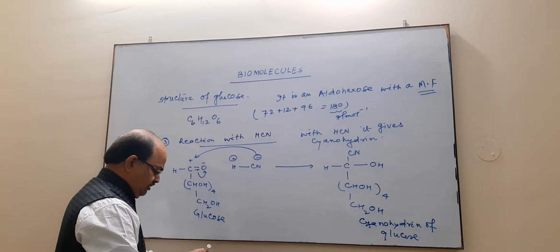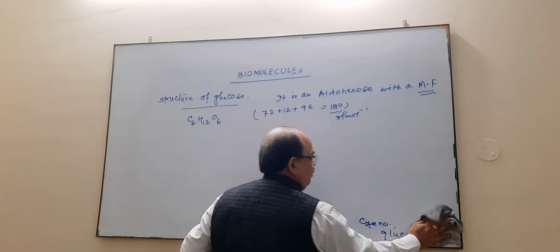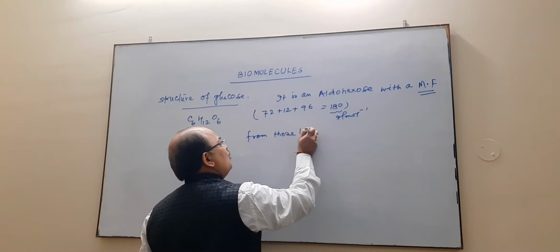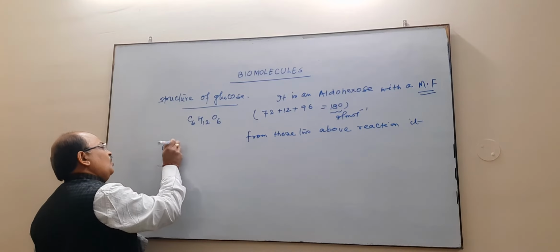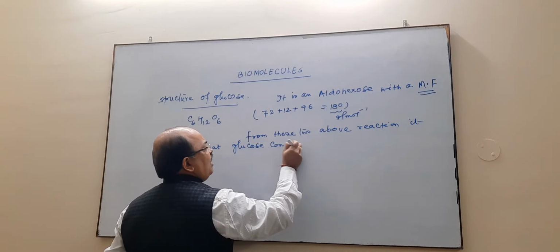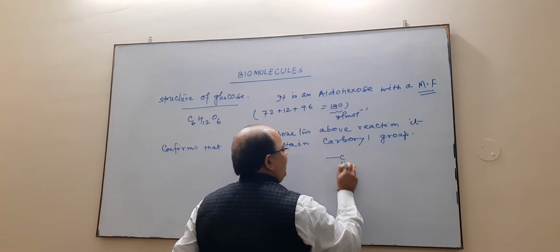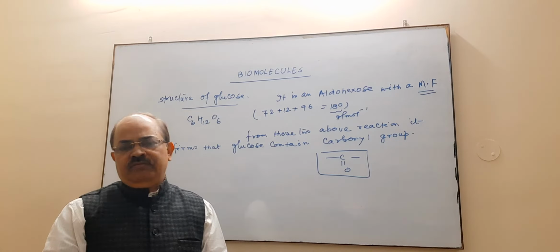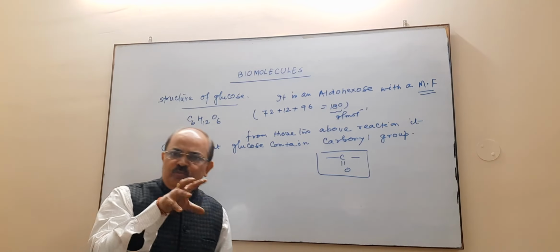So you may write, from these two above reactions, it confirms that glucose contains carbonyl group. यानी ग्लूकोज में ये ग्रुप है, कार्बोनिल ग्रुप है. It may be an aldehyde and it may be a ketone. अब हमें have to identify whether in this carbonyl group the group is basically aldehyde or the group is basically ketone.